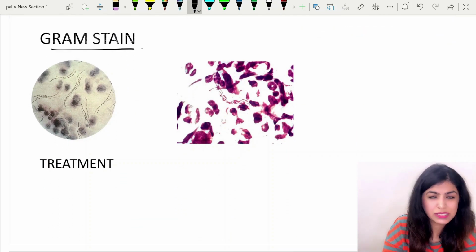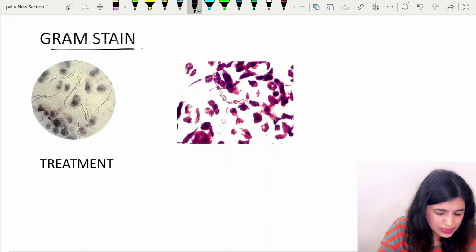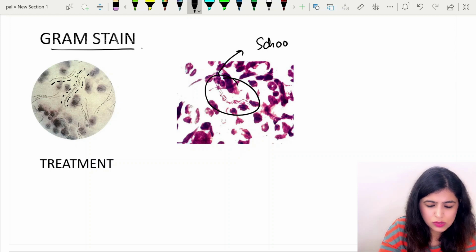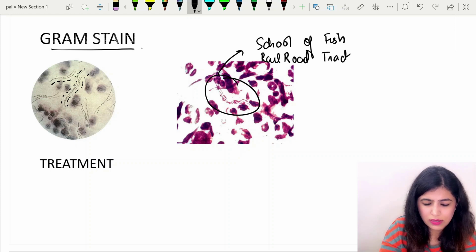If you make a gram stain from the ulcer, you see that these bacteria are arranged parallel along the mucous threads. This parallel arrangement of the bacteria is called the school of fish appearance or the railroad track appearance.